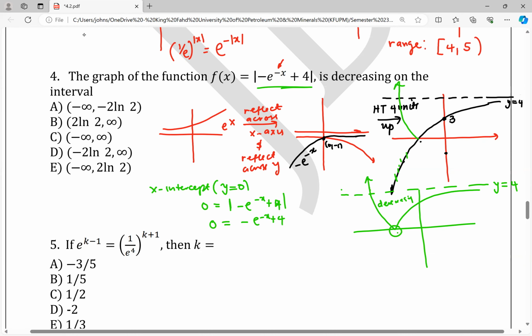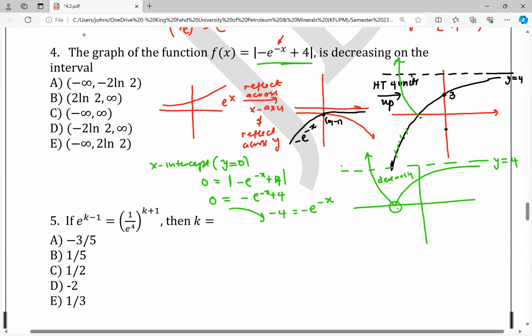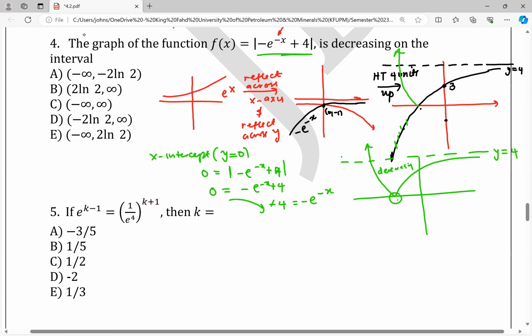And now we need to solve for x. If you want to solve for x, we can use our logarithm here. So this is minus 4 equals minus e to the minus x. Here, minus will go with minus, so you have 4 equals e to the minus x.